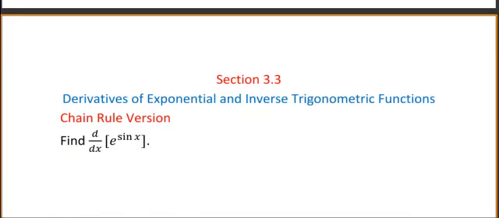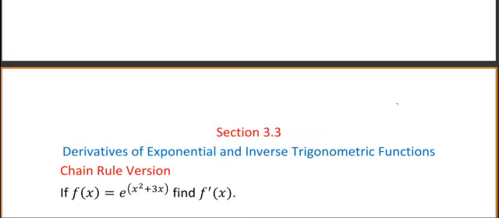So let's take a look at this derivative. Remember, this is because of the special properties of the base e, that the natural log is 1. It is going to be the derivative of the exponent, cosine of x, times the exponential function itself.